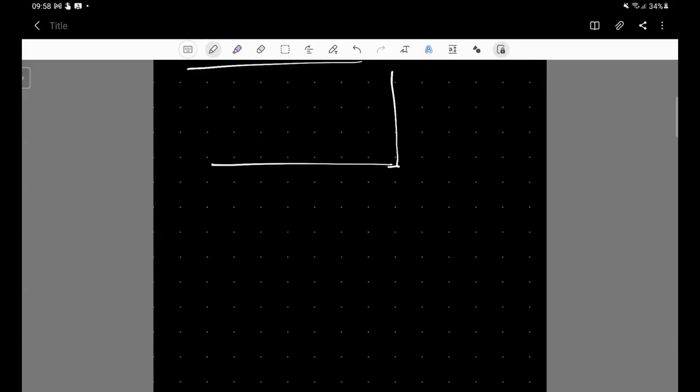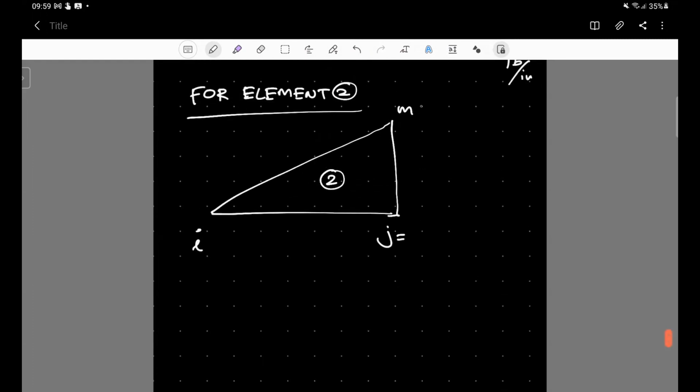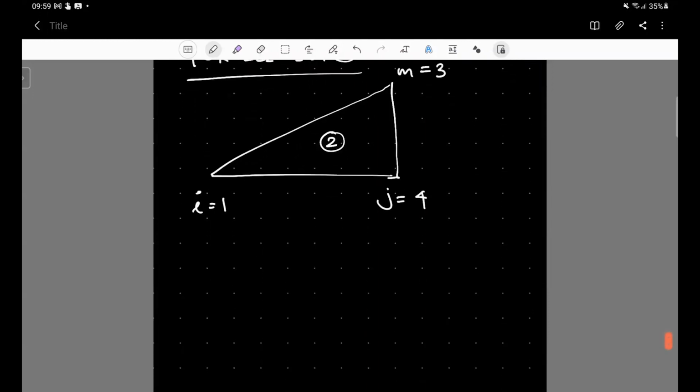of course, the other part of the rectangle, the second element we considered: I, J, and M in the anticlockwise direction. We take I to be node 1. Based on the original figure, J corresponds to node number 4 and M corresponds to node number 3.